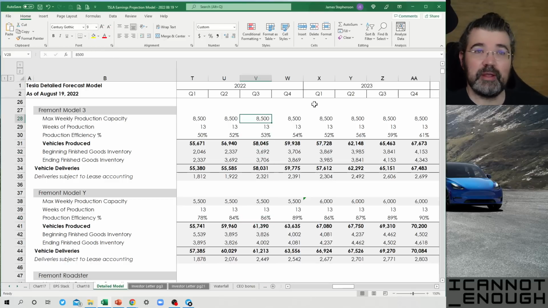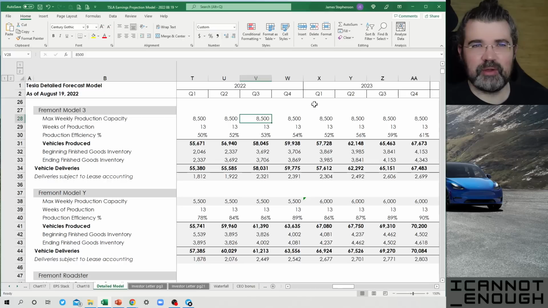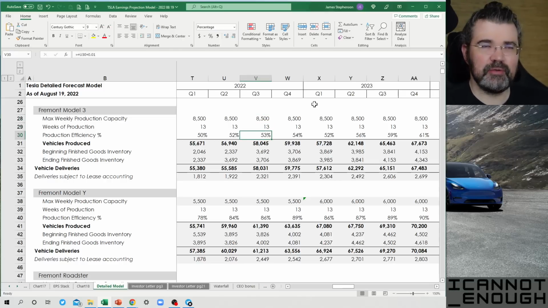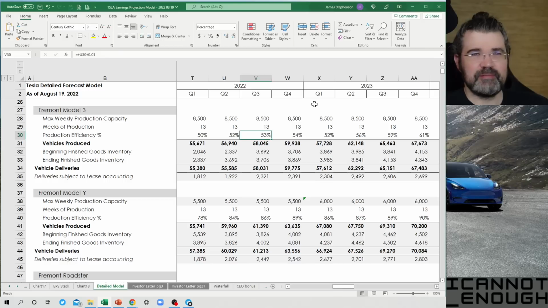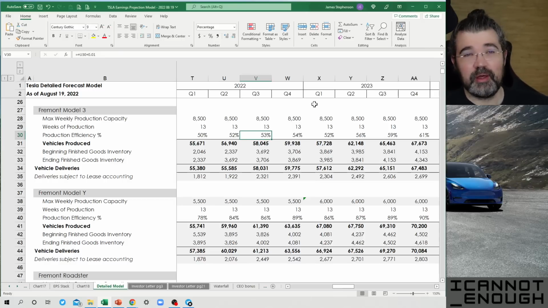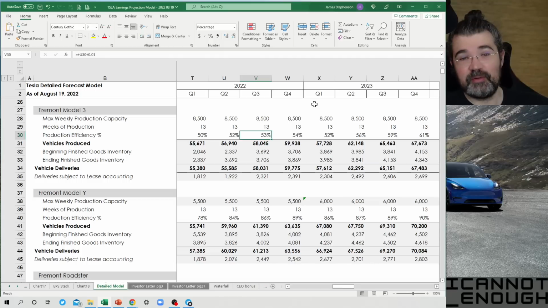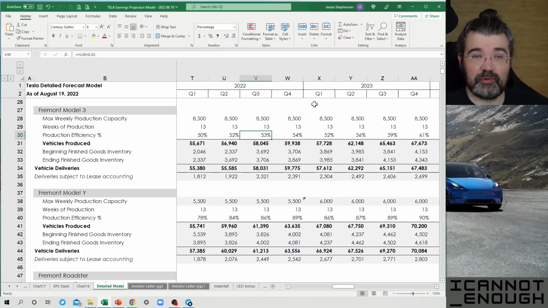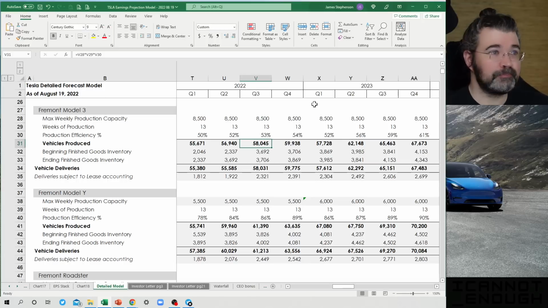So Fremont Model 3 had at one time produced 8,500, and I didn't feel like lowering that number when they used some of that capacity for Model Y, so I just left it, and I use instead a lower efficiency percentage because some of that line capacity is no longer available to make Model 3s because Tesla's using that physical space at Fremont to make Model Y.